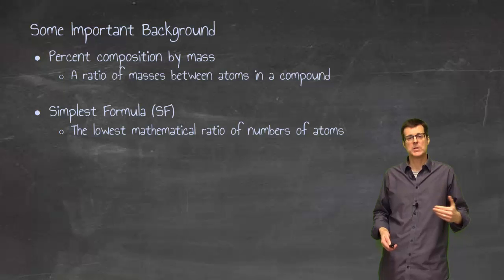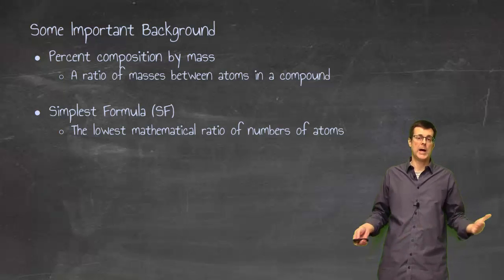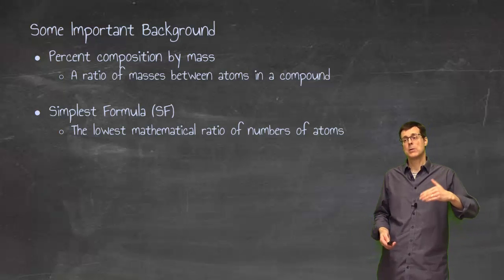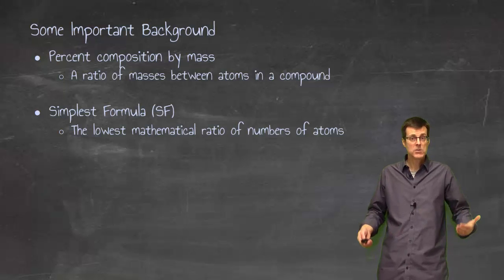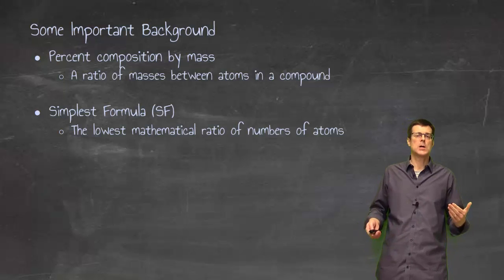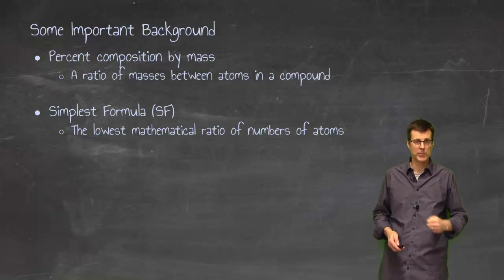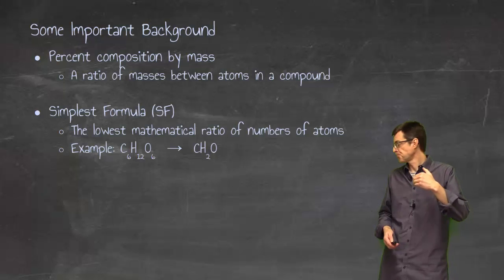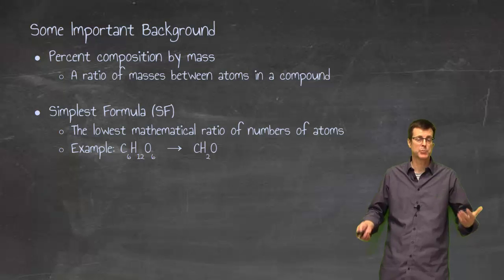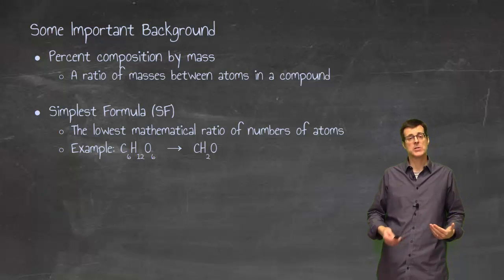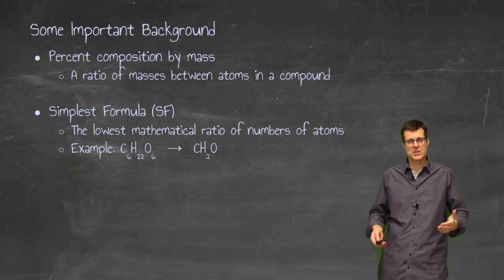A simplest formula tells us the lowest mathematical ratio between atoms in a molecule. While for water, H2O, the simplest formula is the actual chemical formula, some compounds have a formula that's not the simplest formula, it's something else. Like glucose here, 6 carbons, 12 hydrogens, 6 oxygens, which would mathematically reduce to CH2O.